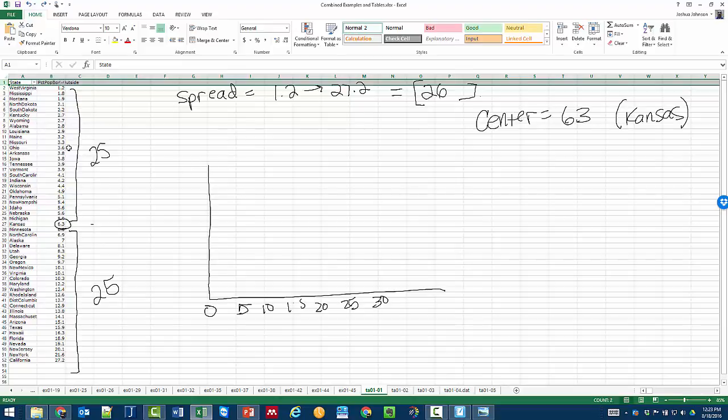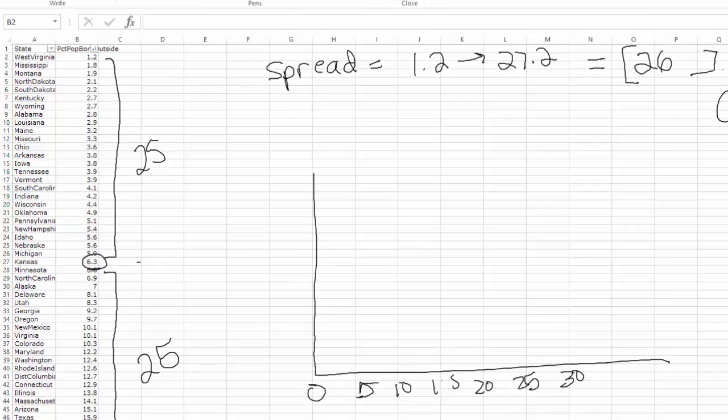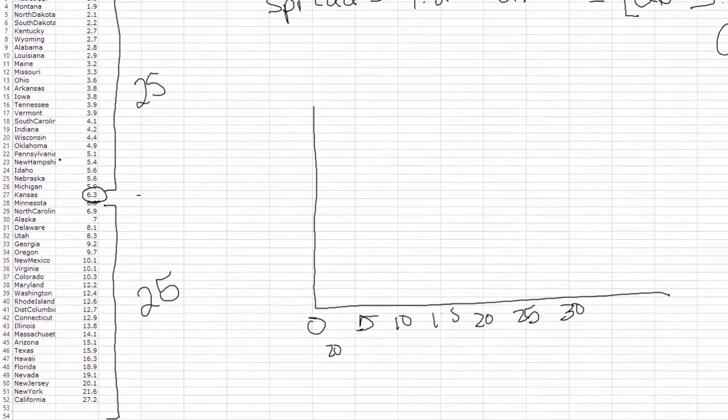Now, the other thing that's really nice about it is it helps us count these things as well. And I can go and take a look at how many are between 0 and 5. Well, right there, I've got 1, 2, 3, 4, 5, 6, 7, 8, 9, 10, 11, 12, 13, 14, 15, 16, 17, 18, 19, 20. So I've got 20 of them. So I'll just mark down my 20.